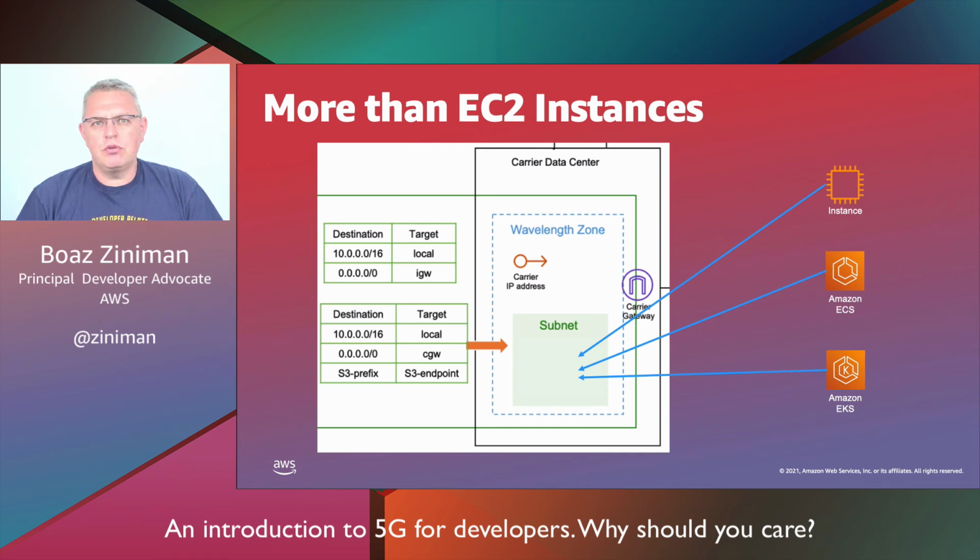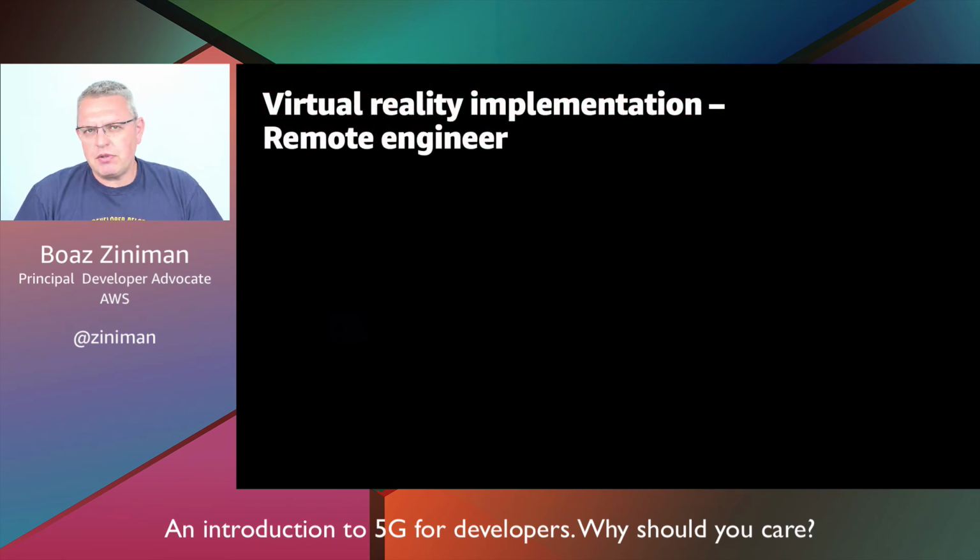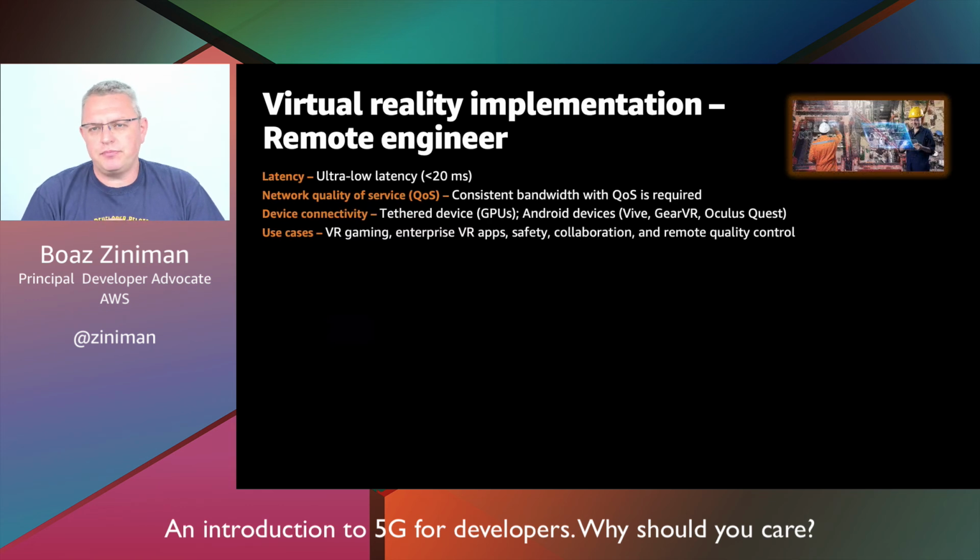Let me share with you some more examples of what can be done today using 5G. So the first one I would like to share is virtual reality implementations, and specifically a topic called remote engineering. In this specific topic, an engineer on site can use virtual reality to fix a machine or something that is broken that he maybe never saw before.